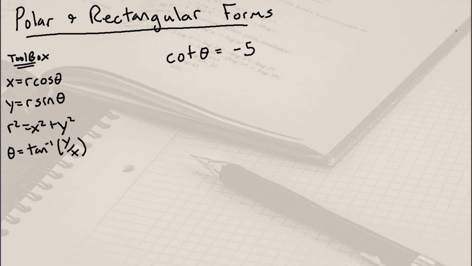All right, one more example. Cotangent. So this one is going to be pretty tricky. So just to play around with some ideas, I could write this as cosine over sine, equals -5. And then if I cleared my fraction, I get -5 sine theta.